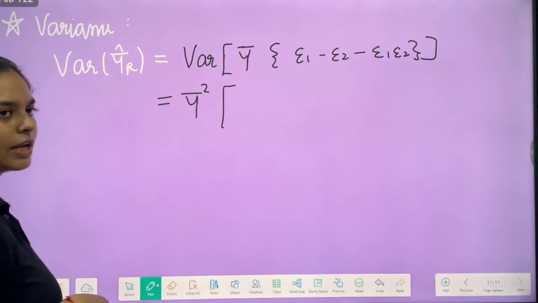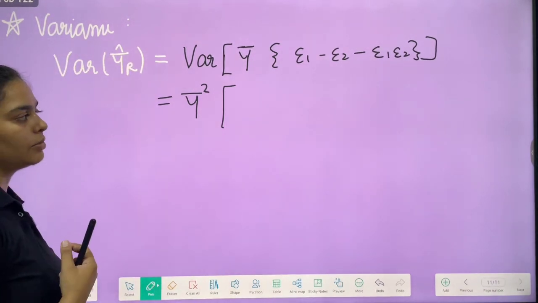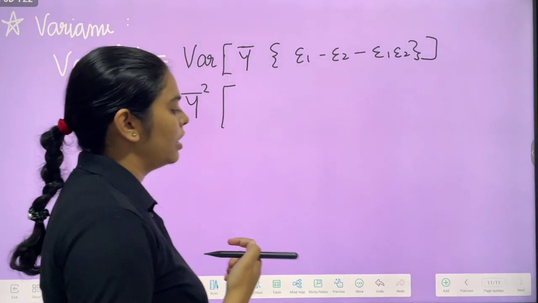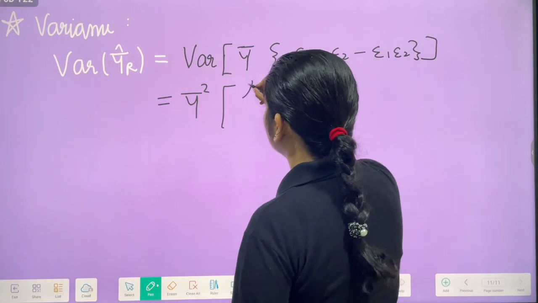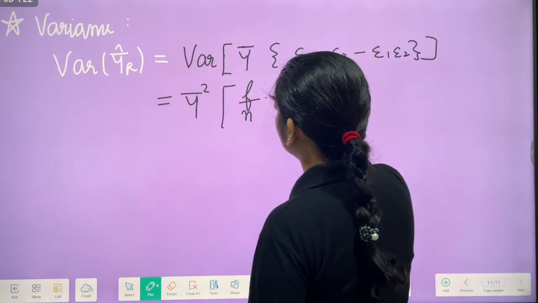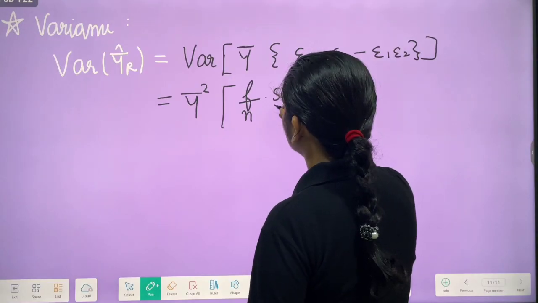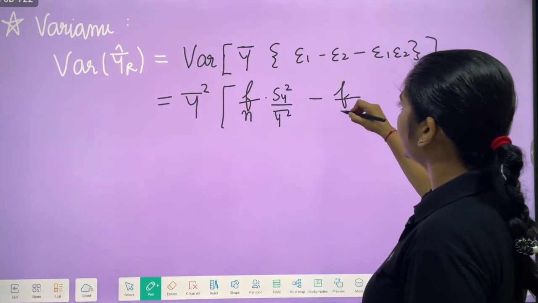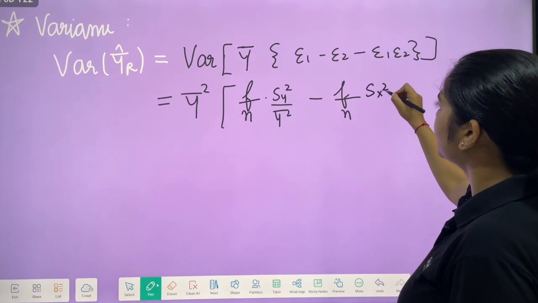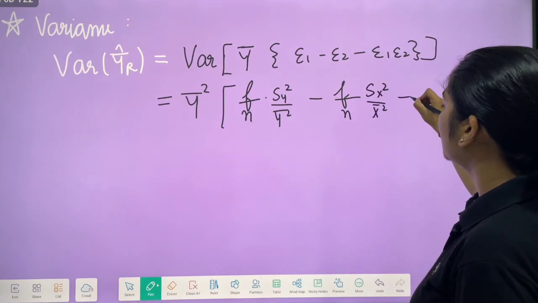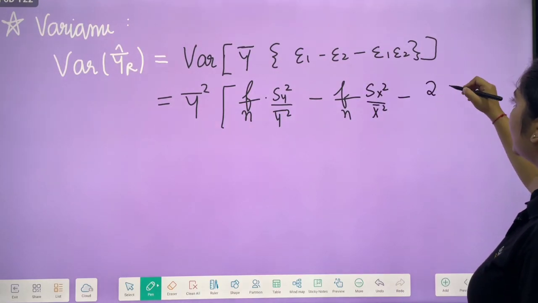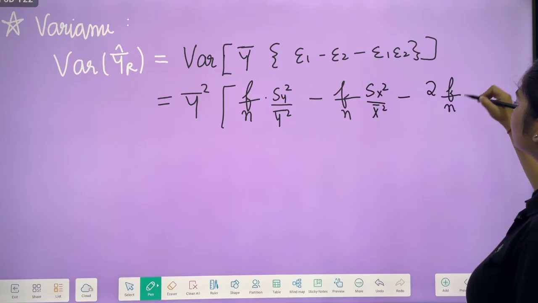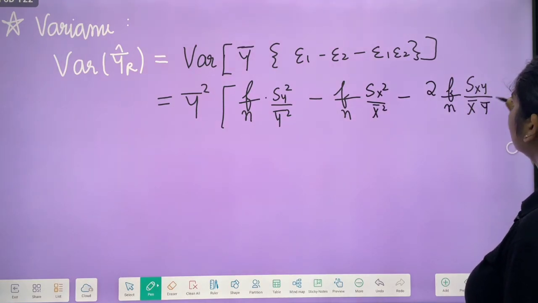But estimation of epsilon 1 is 0. So it will be estimation of epsilon 1 whole square only, which we have calculated. Estimation of epsilon 1 whole square is nothing but f by n sy square upon y bar square. And this is f by n sx square upon x bar square, and this is 2f by n sxy upon x bar into y bar.